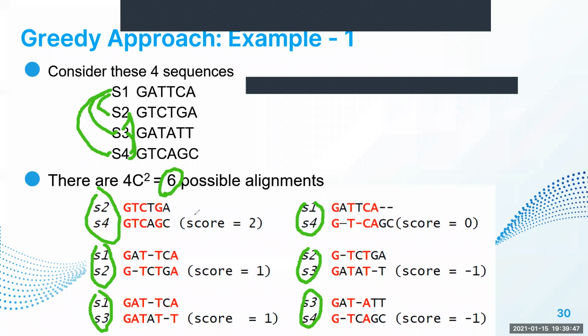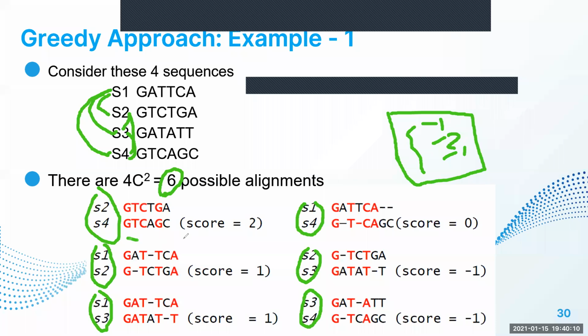For pairwise alignment, you have to define some values. For match, I'll give 1 or 2. For mismatch, I'll give -1. For opening gap, -2, and for continuing gap, -1. You assign some values.